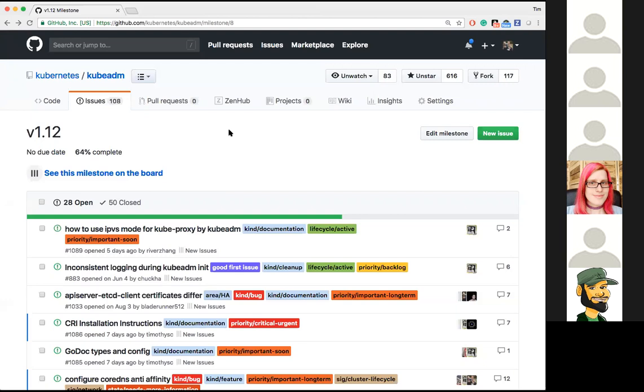That is ideal because then we have automatic PR blocking test coverage for everything kubeadm related, which we've never had.